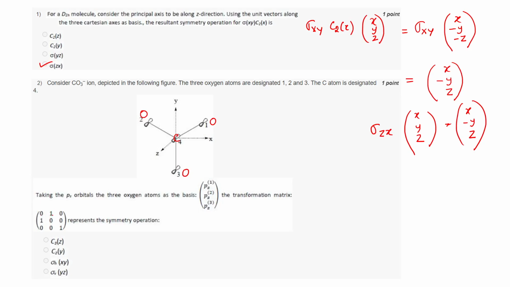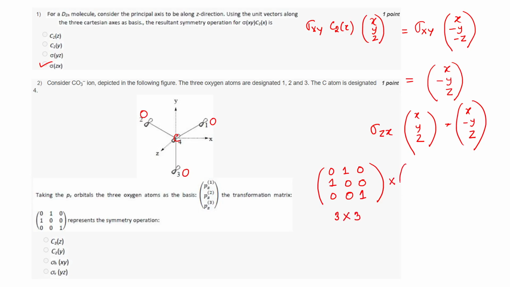Transformational matrix is given: 0, 1, 0, 1, 0, 0, 0, 0, 1. So let us write it once. So what is the dimensionality? 3 into 3.